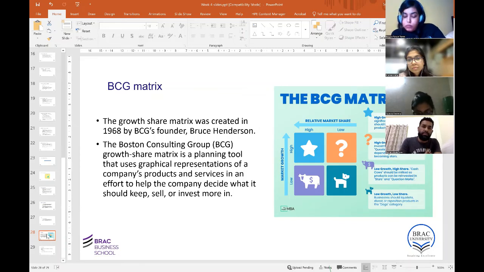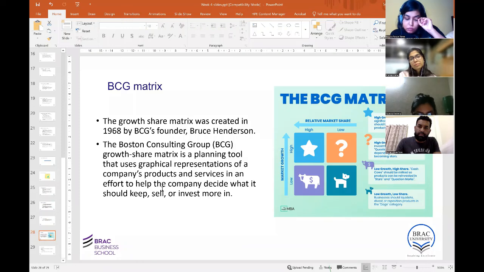This is probably one of the most useful or seminal theories, offered in 1968 by Boston Consulting Group, a very reputed business consultancy organization in the US. And they shared this growth share matrix, which is still very relevant today.